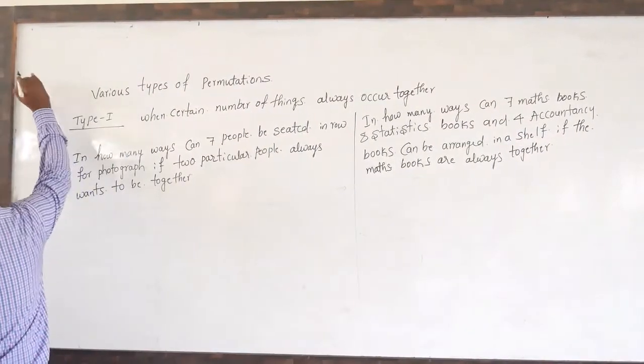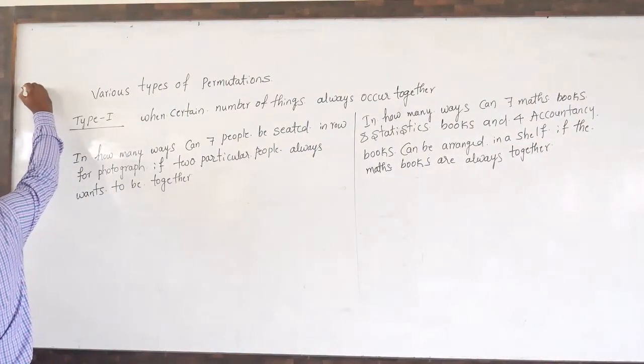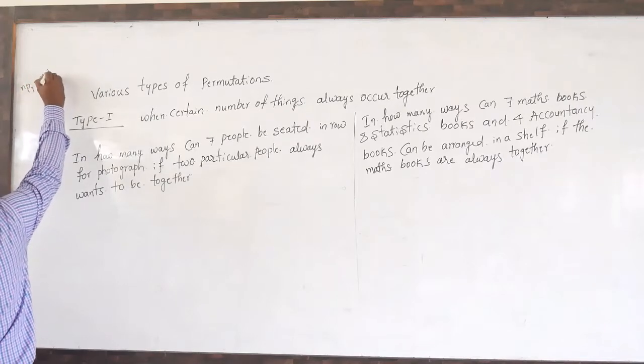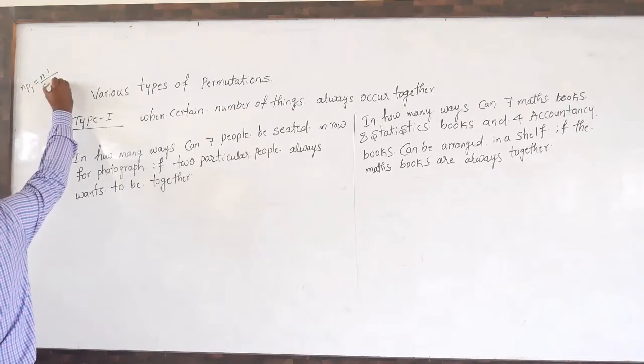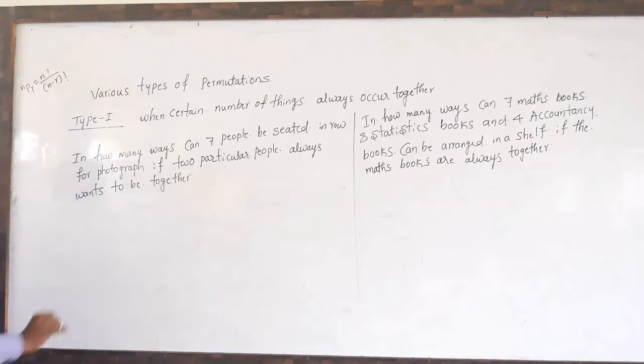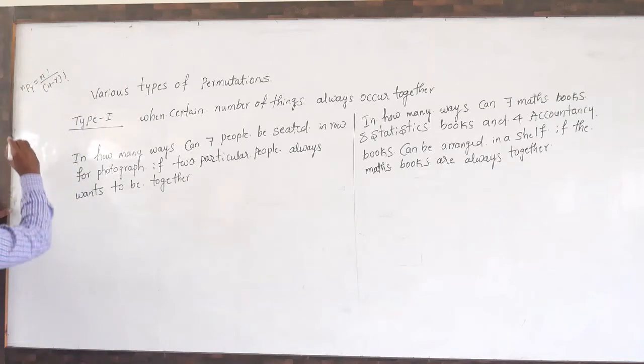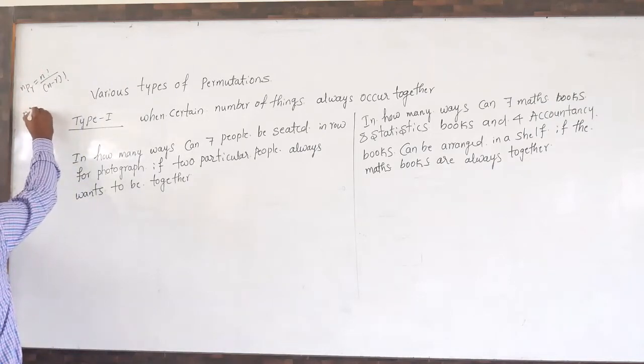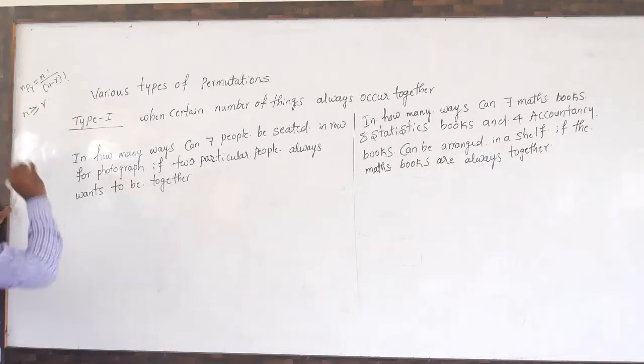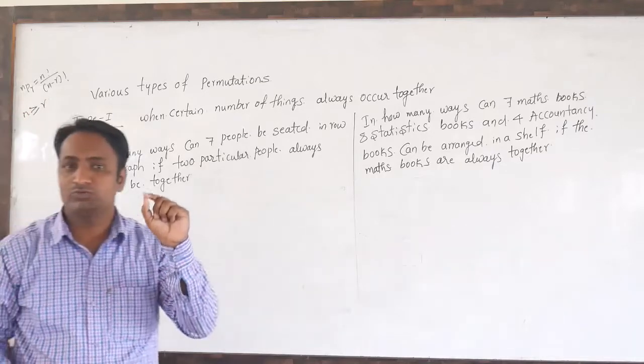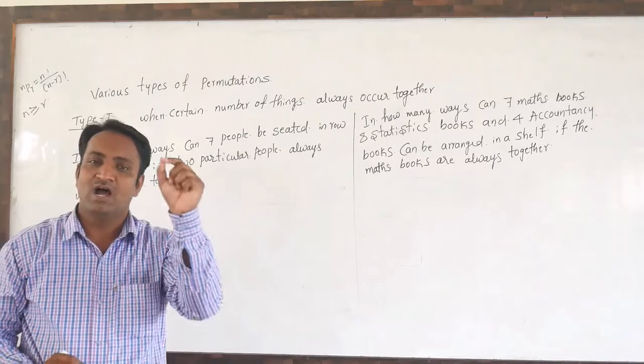Here the basic formula is nPr equals n factorial divided by (n minus r) factorial. In this concept, the n value is greater than or equal to the r value. The r value should not be greater than the n value.